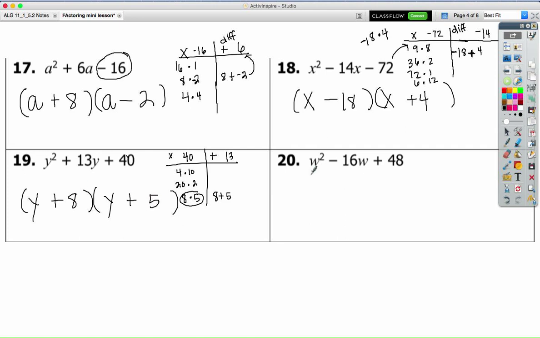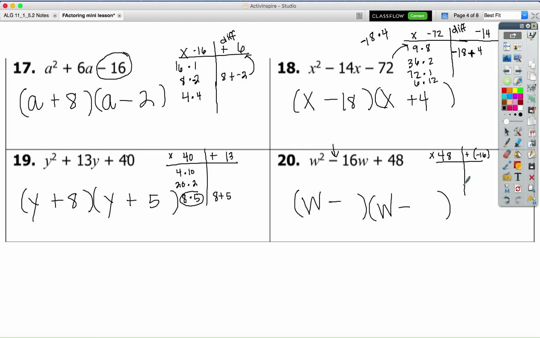Last example of a leading coefficient of 1. This time my signs match. So I know I've got W and W. My signs match. This tells me they're both going to be negatives. So I'm looking for a set of factors here that multiply to give me 48, but add up to give us a negative 16.